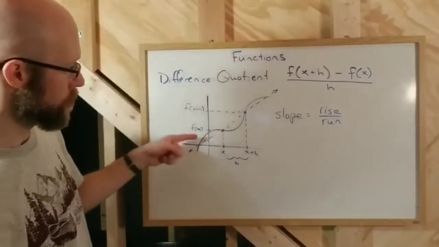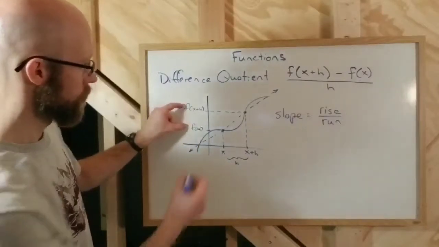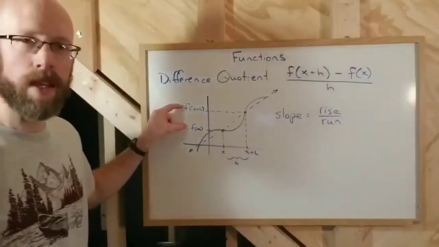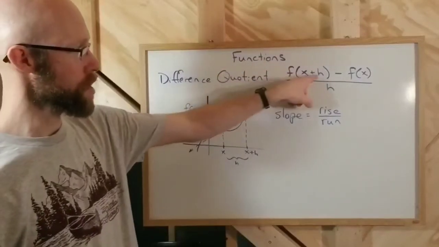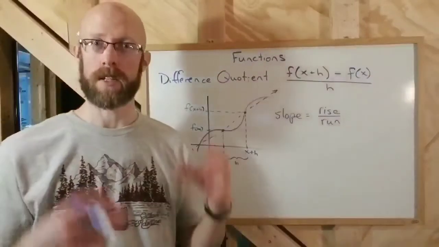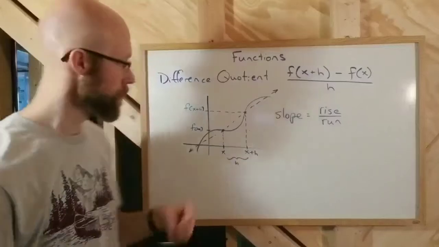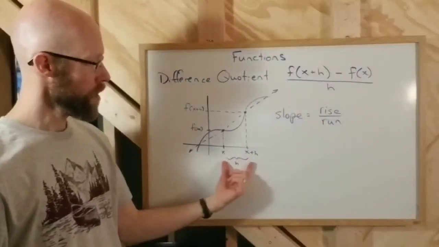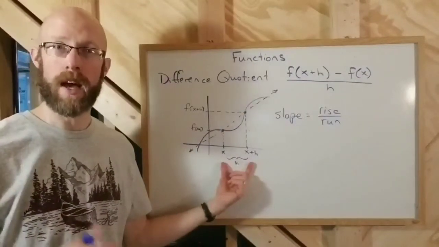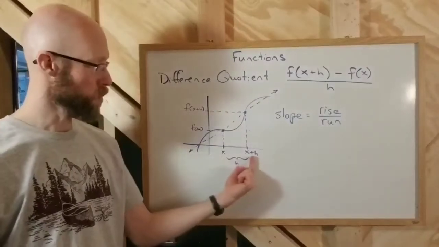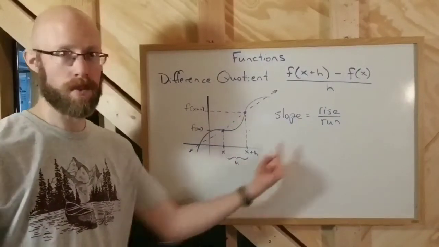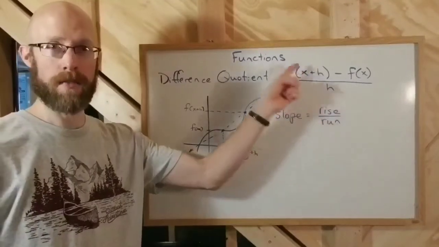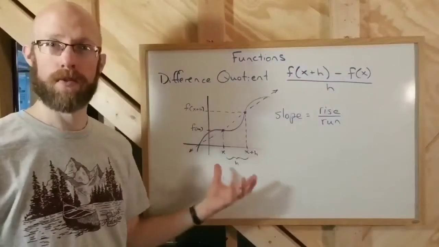Well, in this particular diagram, the rise from one point to the next is the difference in these two function values, f of x plus h minus f of x. The run is the difference in the x values, the difference between x plus h and x. Well, we have the distance there, it's h, so that's what goes in the bottom. So we have the rise over run for those 2 points.